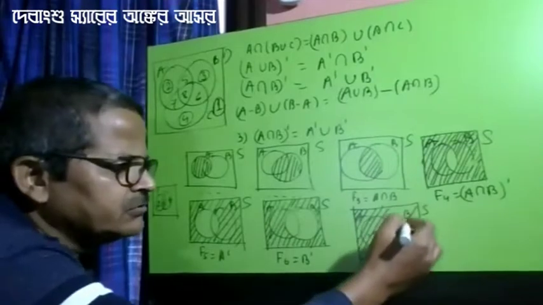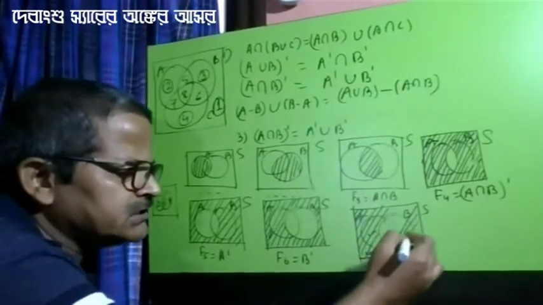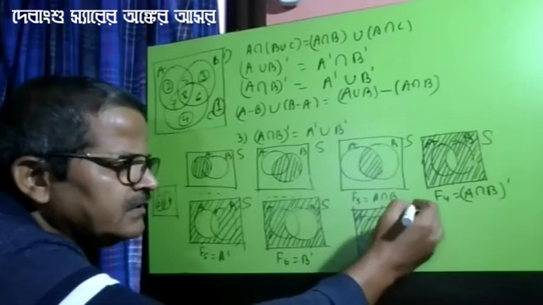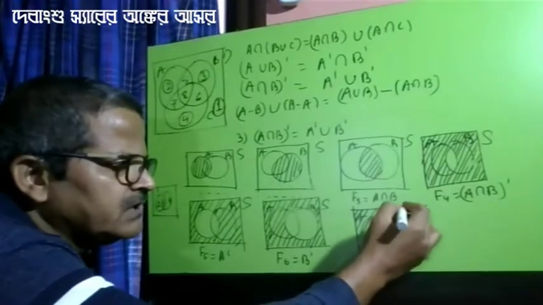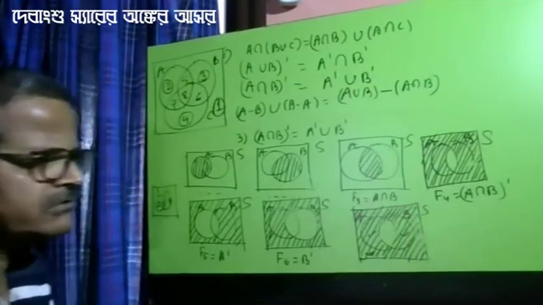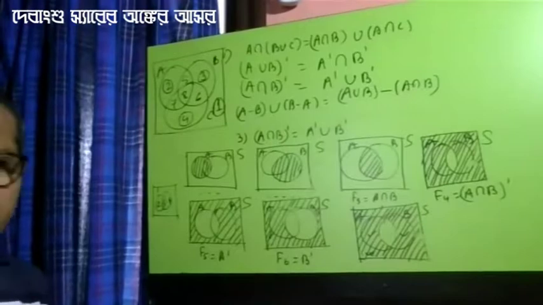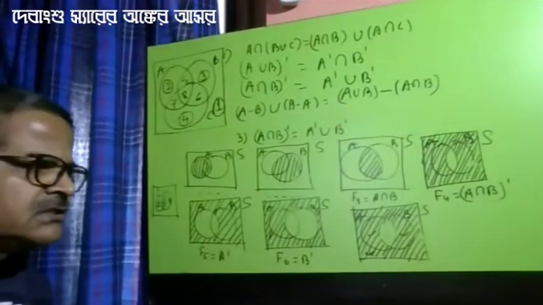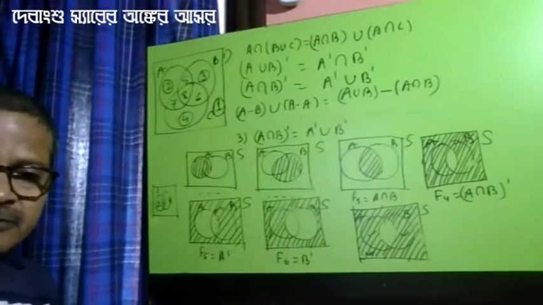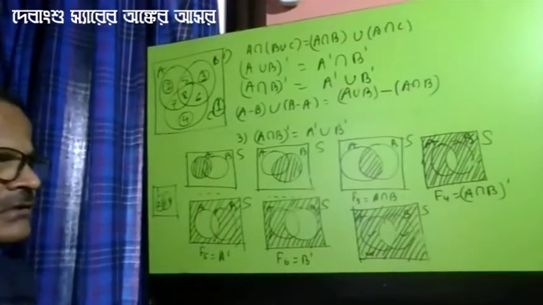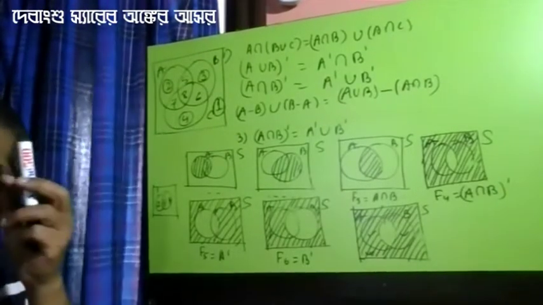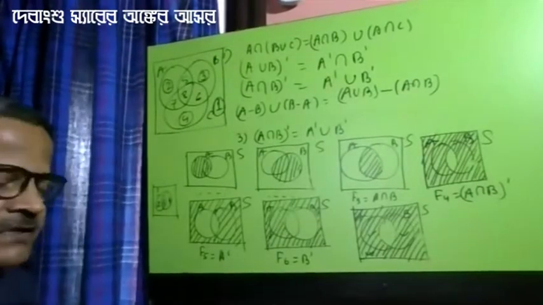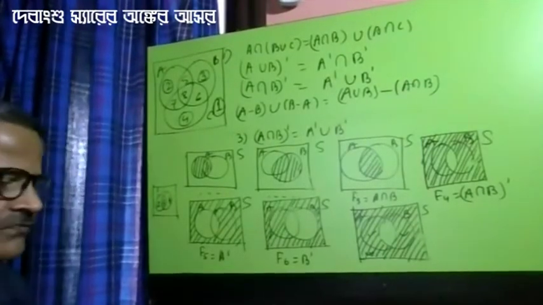Now you have learned how to identify the portions to be shaded. If you are a beginner in set theory, first follow this method of identifying the portions. After a few days of practice, it will look very easy to you.